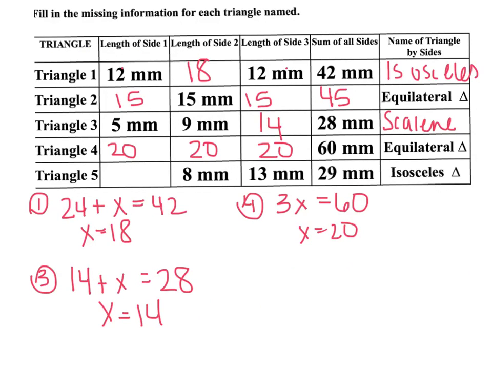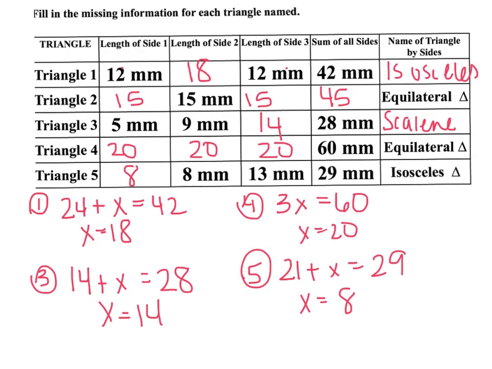And then the last one says that we have an isosceles triangle, which means 2 of the sides have to be the same. We know that one is 8 and another is 13, so the sides that we know together are 21. Plus some other number is going to give us 29. And so we know that has to be 8.